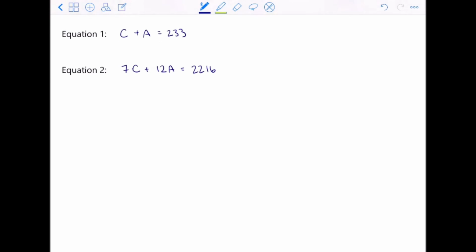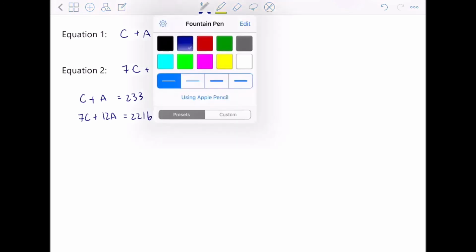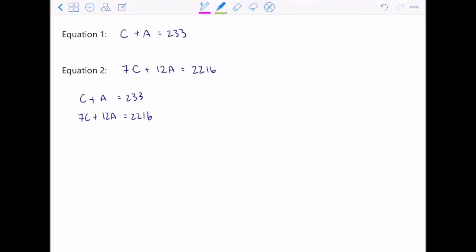All right, so let's solve for C and A. I like to use elimination method, and again, it is totally fine to use substitution method. It's all up to you. Actually, let's eliminate C first. So I want to check the coefficient in front of C. It looks like there's 1 and 7, so it won't do.